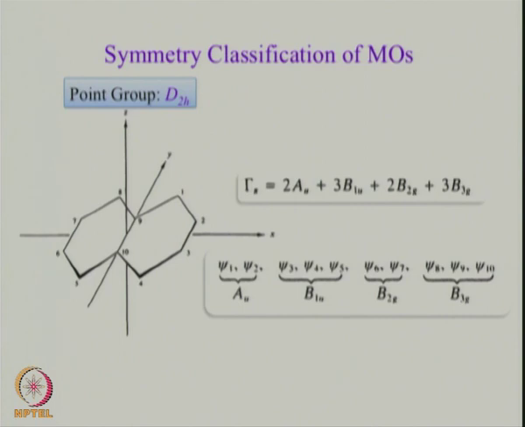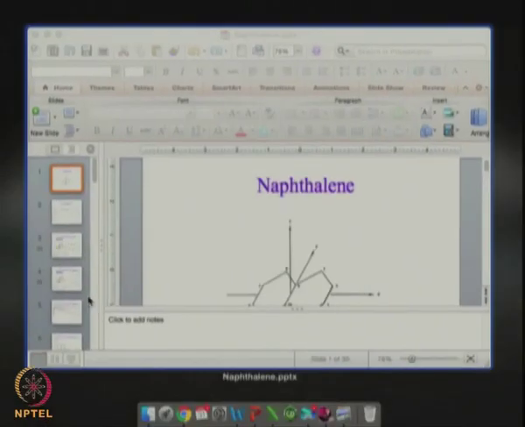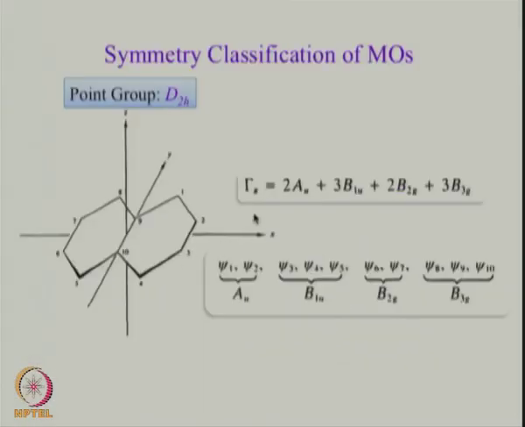So, ideally when we work out problems like this, what we do is we start with all the 10 p orbitals, make a reducible representation out of it and try and break it down into its components. So, I have done that for you. This is the answer. The answer is this Γπ is equal to 2Au plus 3B1u plus 2B2g plus 3B3g.